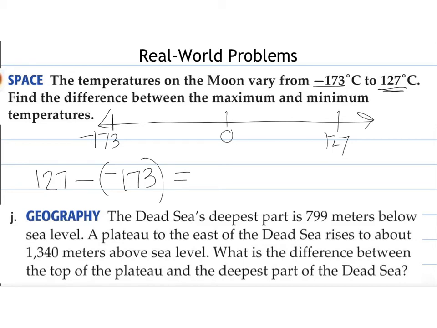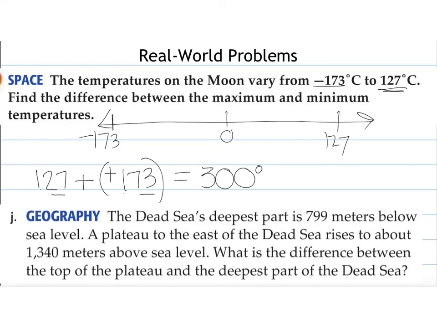So now it's a subtraction, subtracting integers. So I change it to adding the opposite, or chop chop. Now I can do 127 plus 173. I know 27 and 73 is 100. And then I have 100 plus 100 and then another 100. So my difference is 300 degrees.